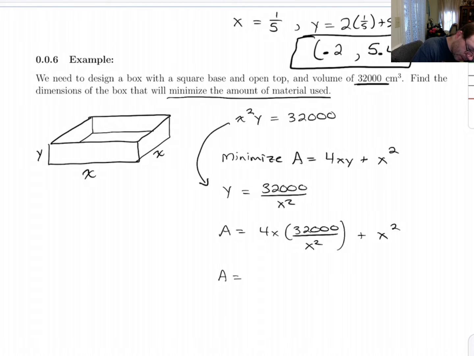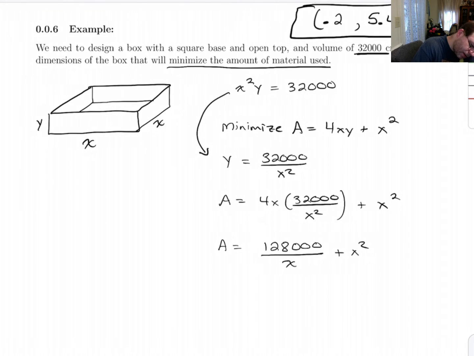So let's see, 4 times 32 is 128. So you get 128,000 over x plus x squared. A prime then is going to be minus 128,000 over x squared plus 2x. And we want to set that equal to 0 and solve.